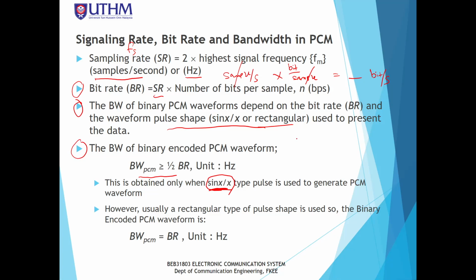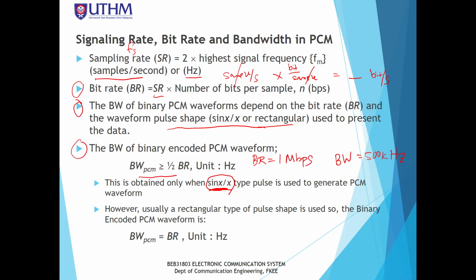What is this actually? So if the bit rate is, for example, 1 megabit, that means the minimum bandwidth would be half of the bit rate, which is 500 kilo, but the unit is in terms of hertz, half of it in terms of magnitude.